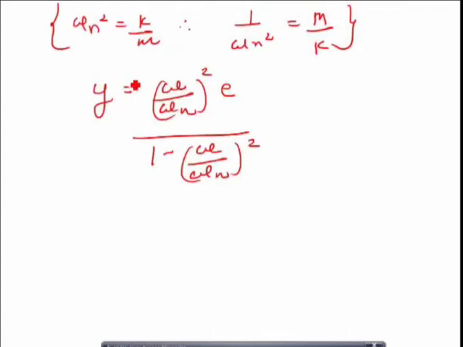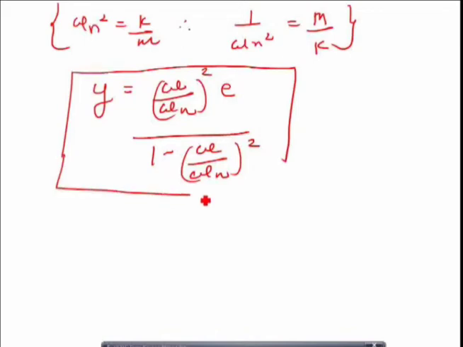Now this is not the final equation of your Y. You have to modify this equation. But let us analyze this equation. Let me call this equation number 1. Now from this equation number 1, what is clear?